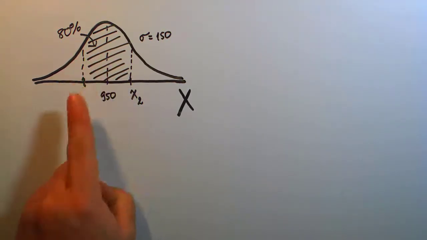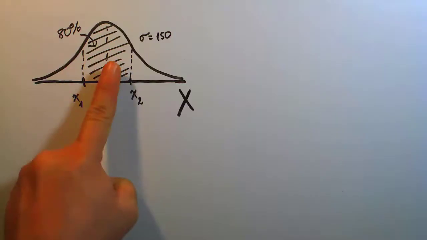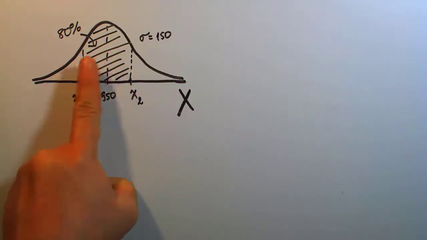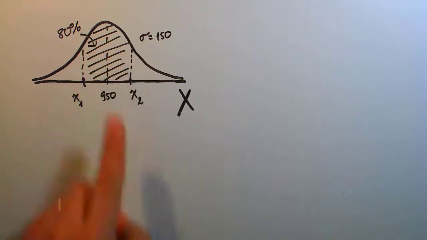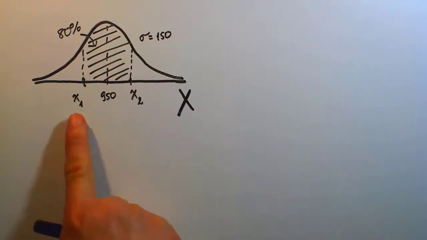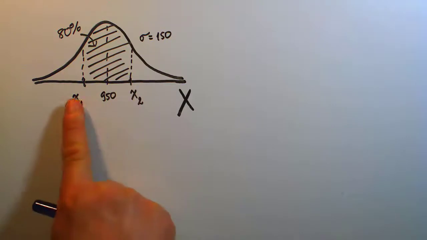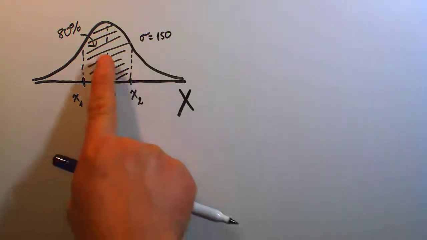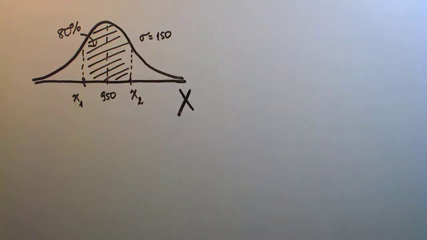I need to have an area being specifically given 80% compared to the whole bell curve, but being located right in the middle, in the center of the bell curve. And that is the reason why, if we're looking back into our question here, the question is actually looking for the cutoff SAT scores as a plural. It makes perfect sense that we do need two different cutoffs so that they can define our area in the middle.